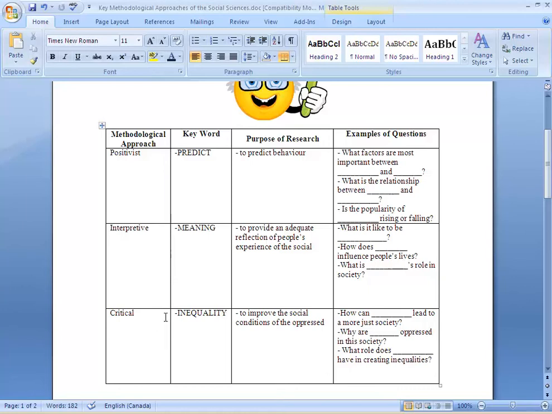Final one is critical, and when you think critical, you've got to think inequality. The purpose of their research is to improve the conditions of the oppressed, to improve the conditions of people who are outside of the majority.